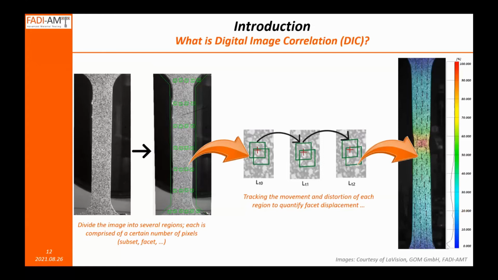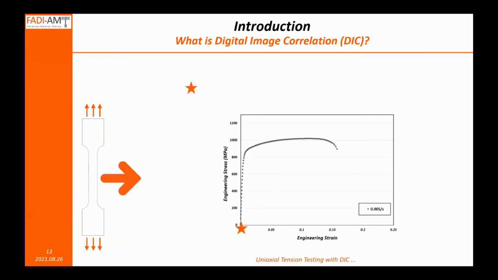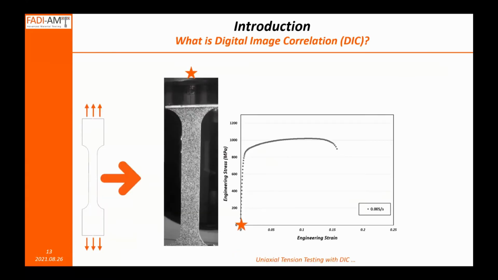And so you can convert this vector field into strains by basically taking the delta L over L. And then ultimately you get a nice strain map as the one that you can see on the right-hand side, where the different colors indicate higher or different levels of deformation in the material. An image that usually mimics what we are used to seeing from finite element simulations. So that is basically the basics of digital image correlation.